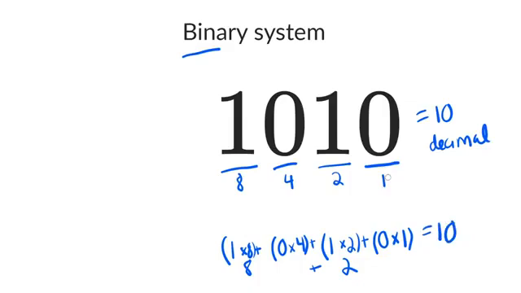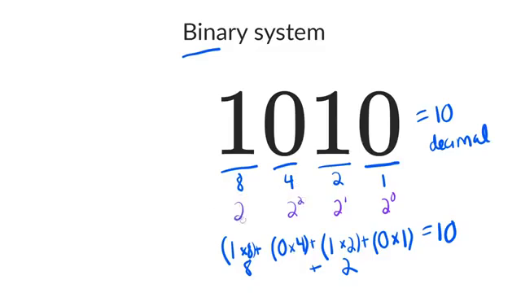In the decimal system, each of these places represented a power of 10, but in the binary system, each place represents a power of 2. The first bit is 2 to the 0 power, it's 1. The second bit is 2 to the power of 1, which is 2. The third bit is 2 squared, 2 to the power of 2, which is 4.